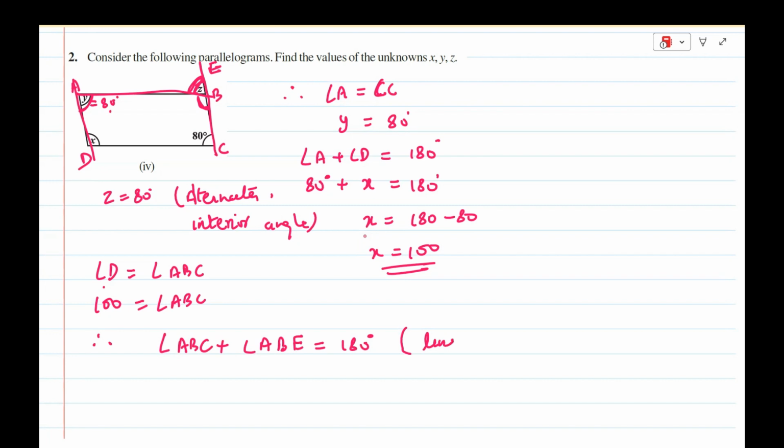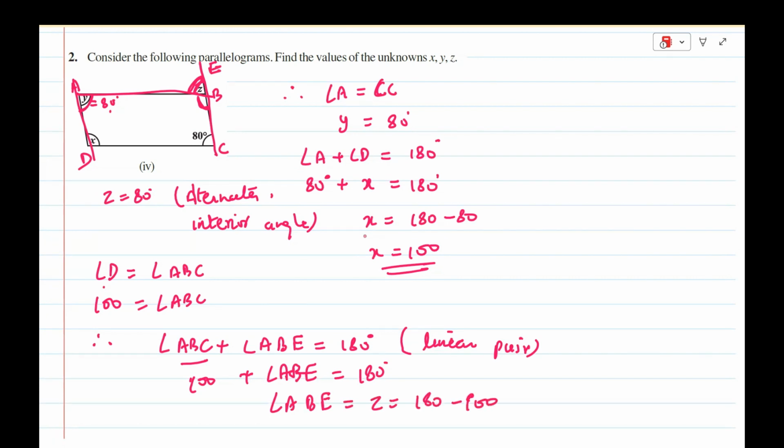The logic is linear pair. It is a straight line. Correct? Here ABC I got 100, so angle ABE is now easy to calculate, right? ABE, which is nothing but Z, is 180 minus 100, so Z is 80 degrees. Correct? It was so easy.